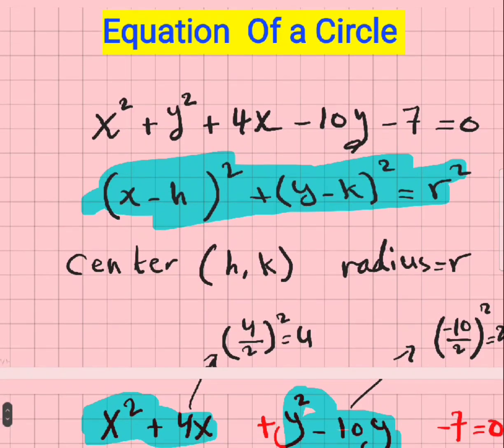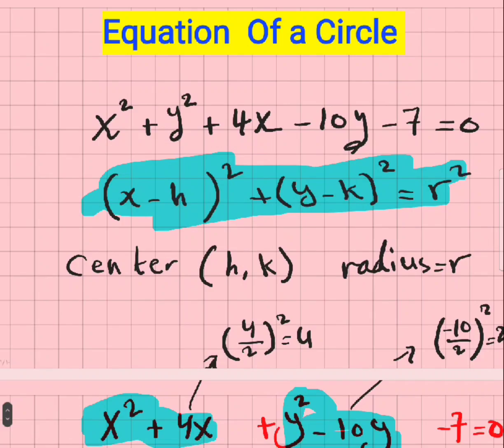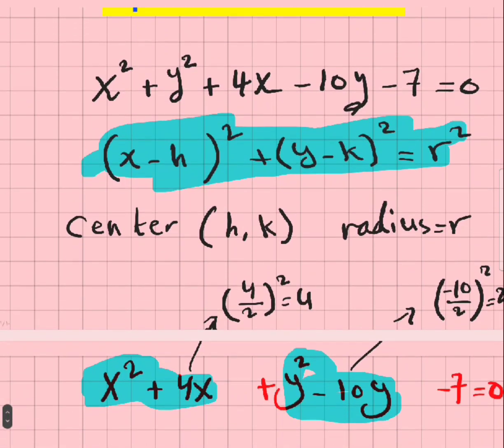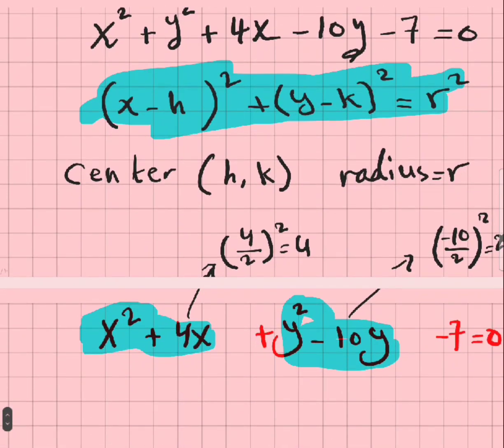Got it? Now, remember, we add each one of those into our components. Now I have x squared plus 4x plus 4, plus y squared minus 10y plus 25.